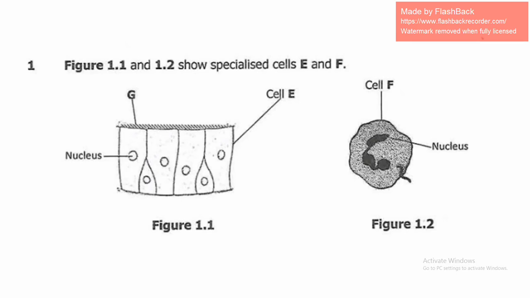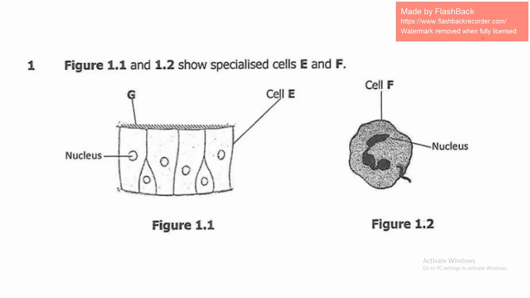Not because it is not a blood cell. Yes, it is a blood cell, specifically a white blood cell. Now, if you remember in the first lesson, I said there are two types of white blood cells. So if you just say it is a white blood cell, which one are you referring to?